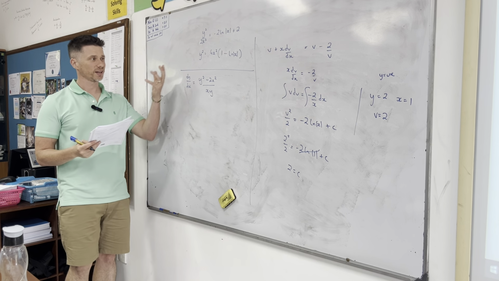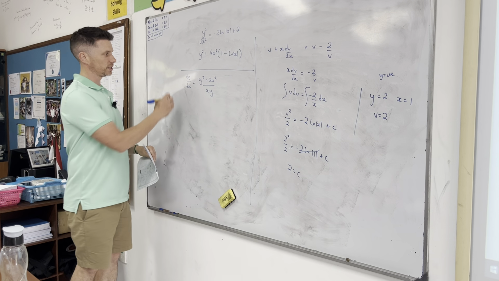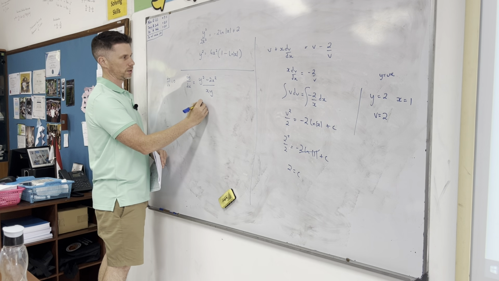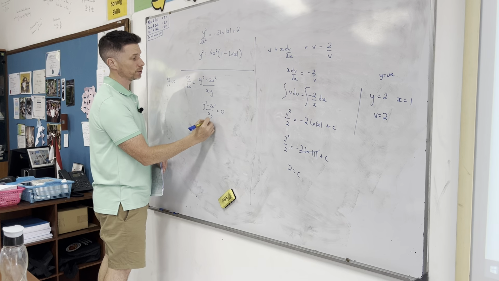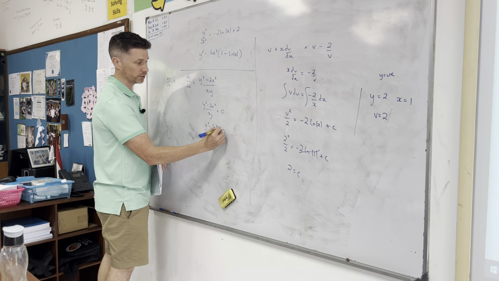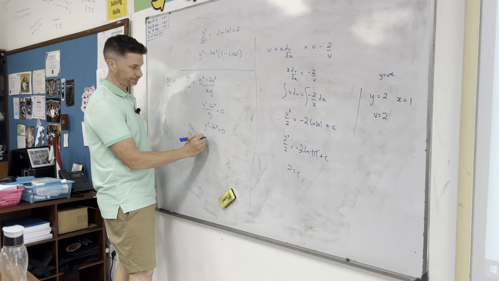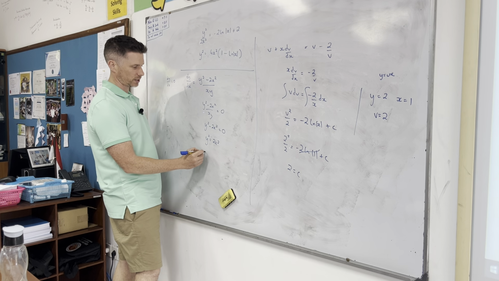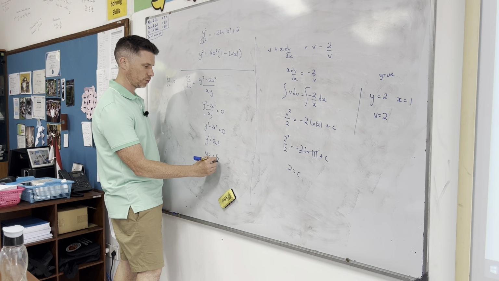So what we're going to do is just let this equal 0, because it says where dy dx equals 0. So y squared minus 2x squared over xy equals 0. Multiply by xy, we get y squared is equal to 2x squared. Square root both sides. I get y equals plus or minus root 2x.